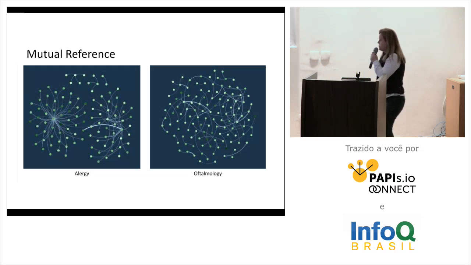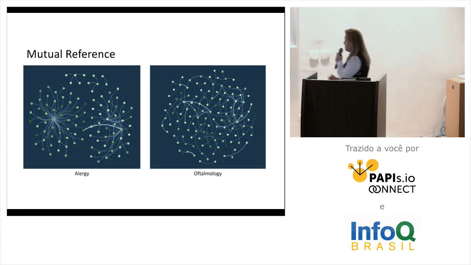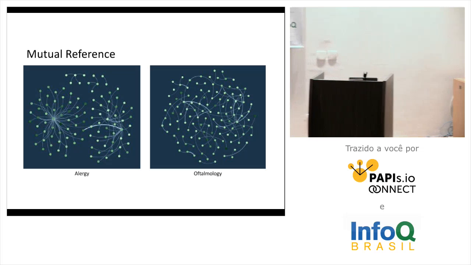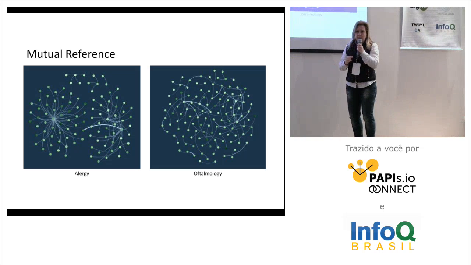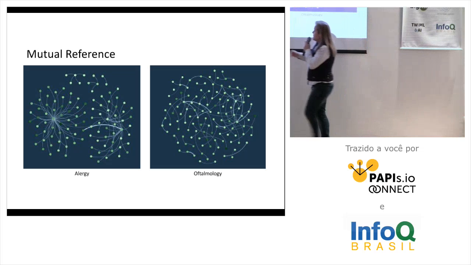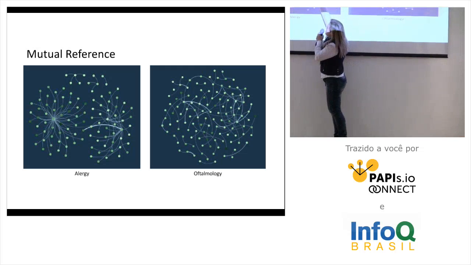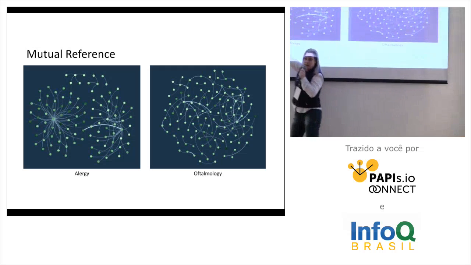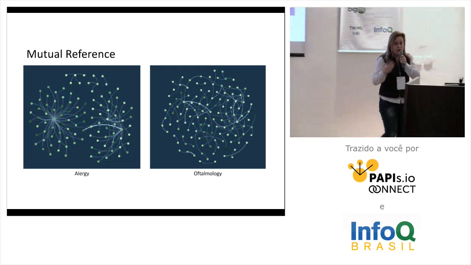And here are some other visualizations that we built. So this is a tool that we built, and then I'm showing the ends. And you can see that if you look closer at the specialists, here, for example, is an allergy. This guy is an allergologist, and these two, and he is connected with other doctors.